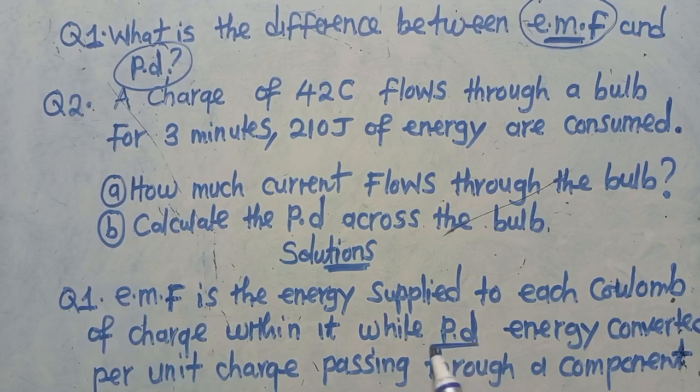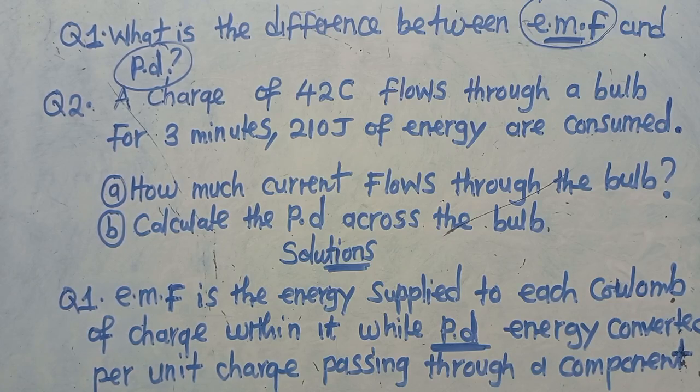Some of you don't understand what potential difference is. When energy is carried by charge, a battery or a cell is consumed in electric components like a bulb, a lamp, maybe a heater of the circuit.